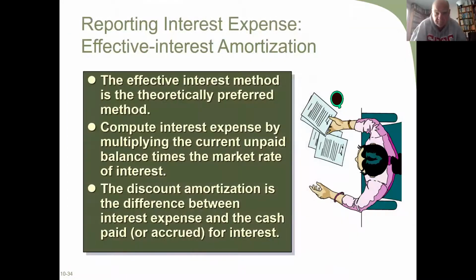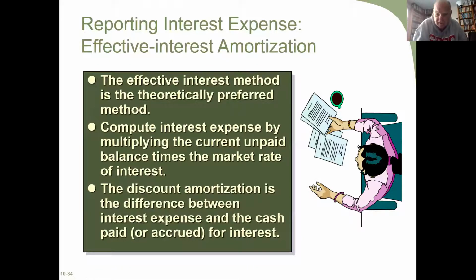Straight line. Okay. This is the proper way to do it, because it properly matches the matching principle of revenues and expenses. I call your attention to bullet 2. Here, we're going to compute the interest expense immediately.